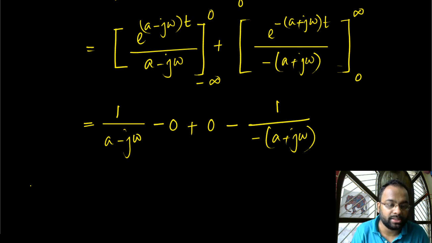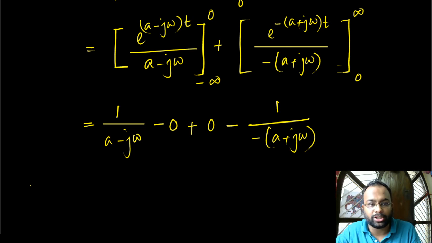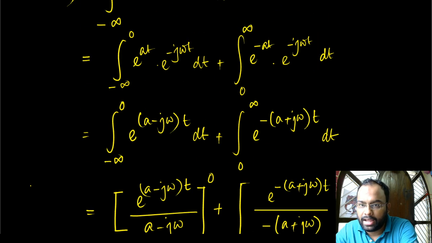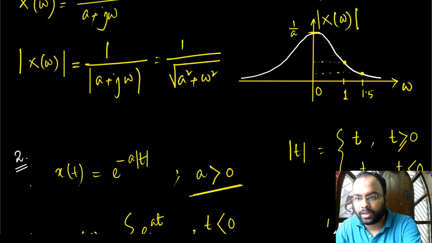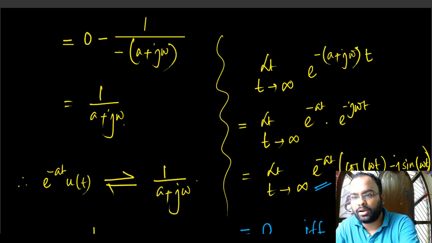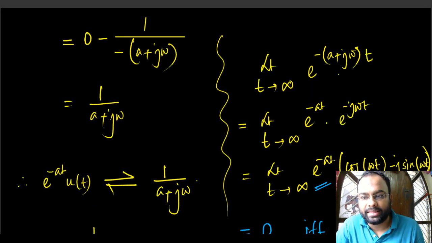Someone is asking, sir, will a always be greater than j omega? No. a does not have to be greater than j omega, because a is a real number, j omega is a complex number, and the concept of inequality, saying greater or less, is not applicable for complex numbers. Look at this one. How did we consider this limit?